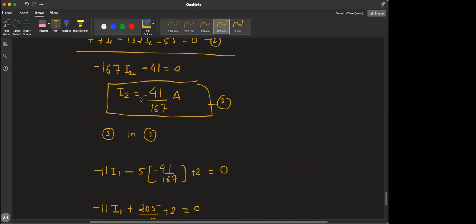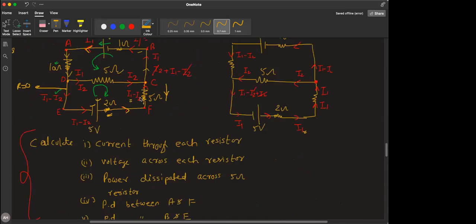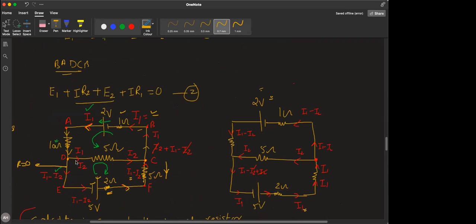So what's the significance of this negative sign? This negative sign simply shows that the actual direction of I2 that we have assumed here, we assumed that I2 is going to the right hand side, but the actual direction is not to the right hand side. The actual direction is to the left hand side.